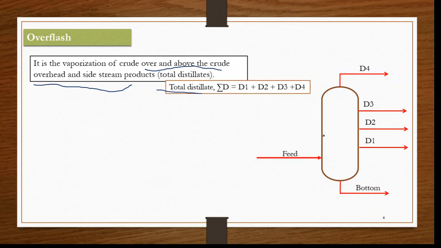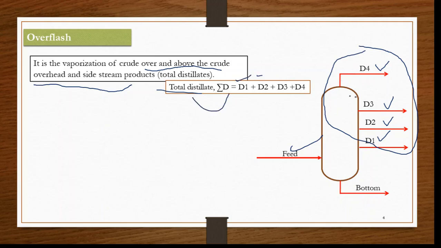What it means, for example: we have a feed, and we have distillates D1, D2, D3 and D4. All these four distillates are known as the total distillate. If you sum D1, D2, D3 and D4, this is the total products, and then the remaining is the bottom.